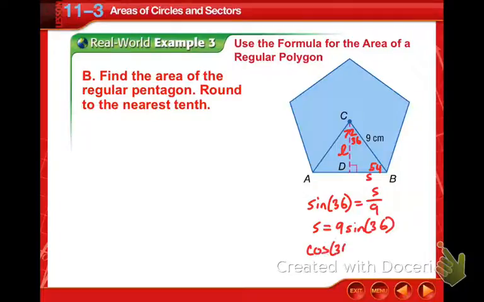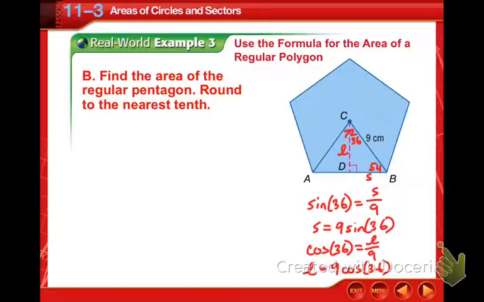Cosine of 36 is equal to L over 9. So L is equal to 9 cosine of 36. Now, we're not going to calculate it yet. We're going to just use these in our calculations to make things nice at the end. It's going to be a decimal, but no decimals to plug in, okay?